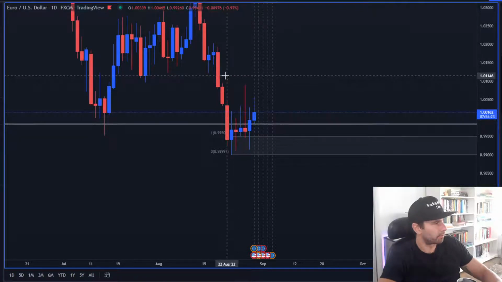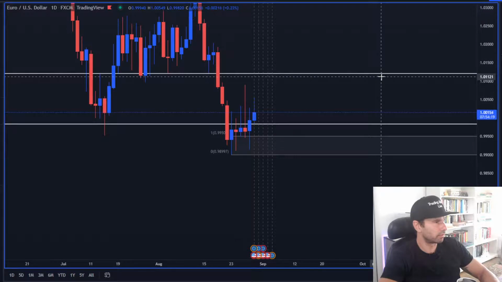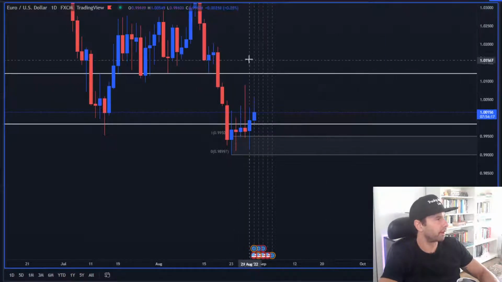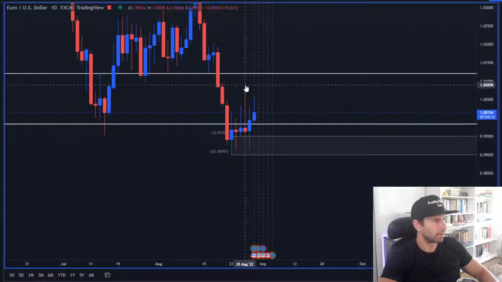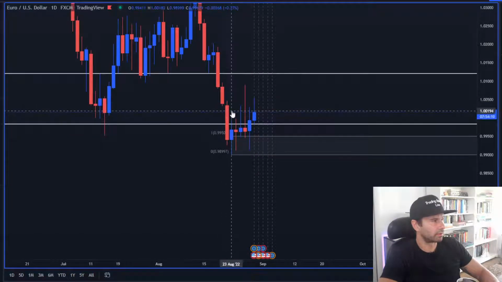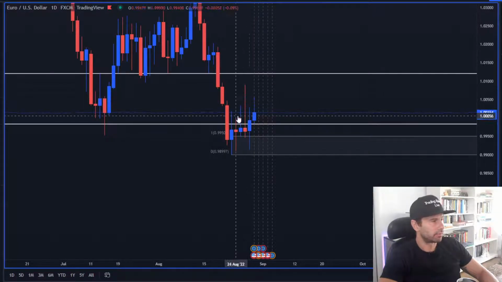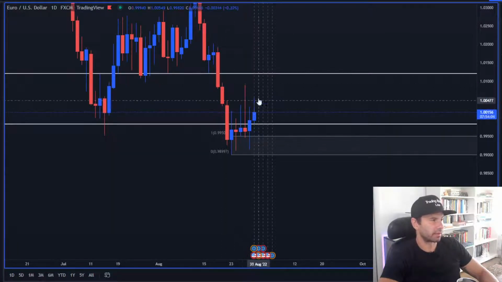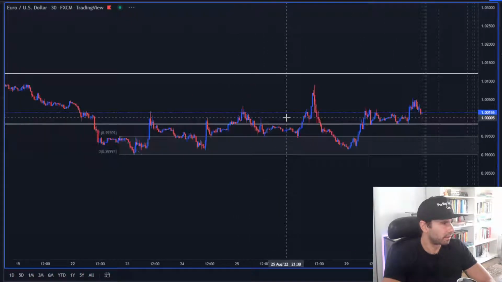Do I think it's a free pathway to the upside? I don't think so. There are some supplies along the way, but where it is right now, I don't think there's a lot of supply. There's 1, 2, 3, 4 weeks here to the upside that they're creating resistance right there.